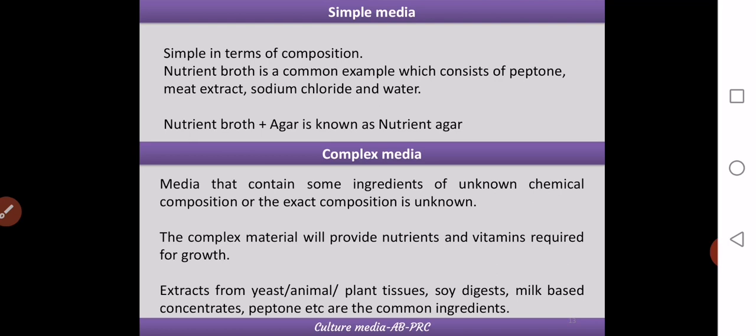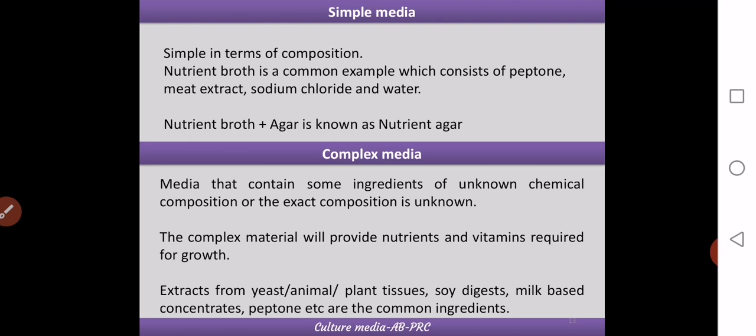And also we can have examples like peptone water and other simplest media which are used in microbiology laboratories. Okay, it's purely based on the composition complexity. When the composition is quite simple, then we use the term simple media.